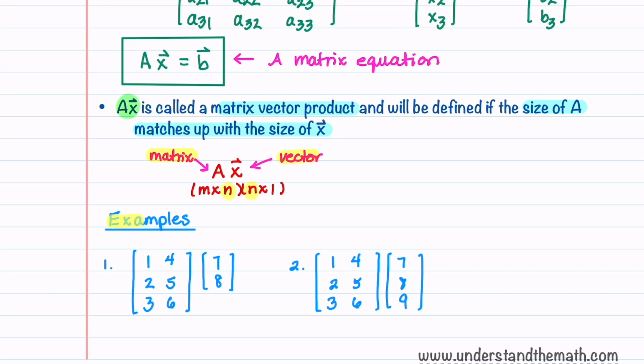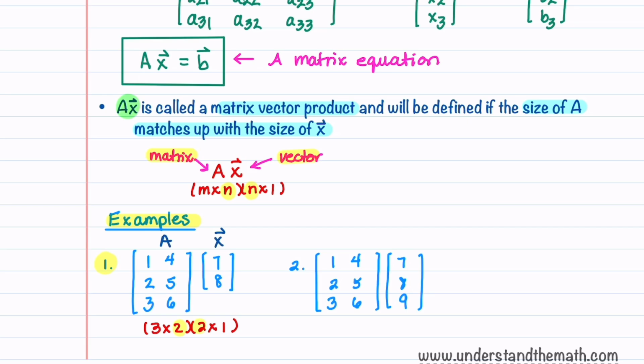Let's look at these 2 examples to see how this works. We're going to look at the sizes of our matrix A and our vector x and see if the product is defined. In our first example, our matrix A has 3 rows and 2 columns, so it's a 3 by 2 matrix, and our vector x has 2 rows and 1 column, so it's a 2 by 1 matrix.